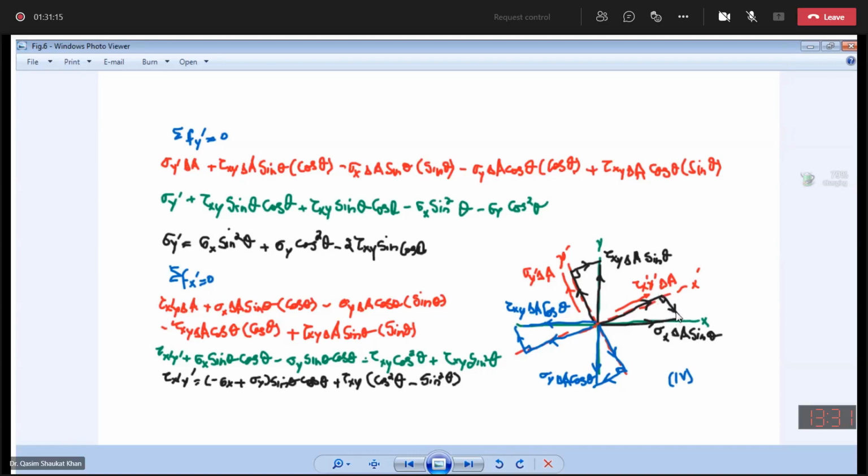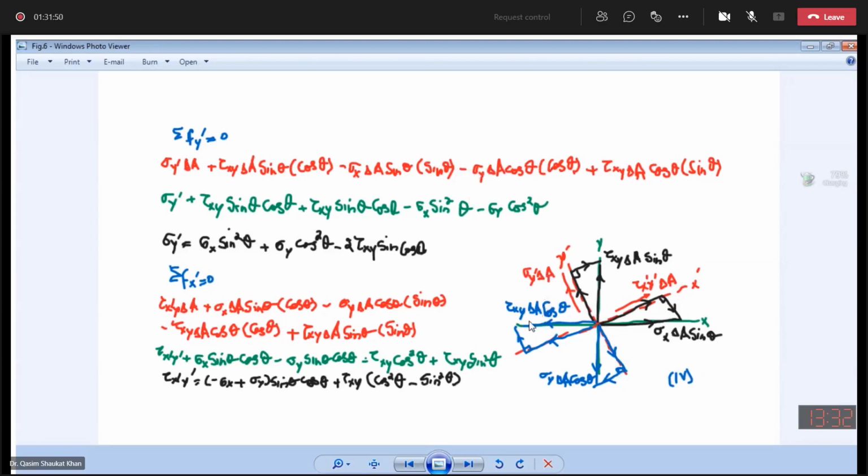Now this force component is pointing towards the negative y dash axis, so this is negative: minus sigma x delta A sine theta into sine theta. Next is sigma y delta A cos theta. Its component about the y dash axis will be sigma y delta A cos theta into cos theta, and it is pointing downwards, so this is negative: minus sigma y delta A cos theta into cos theta.